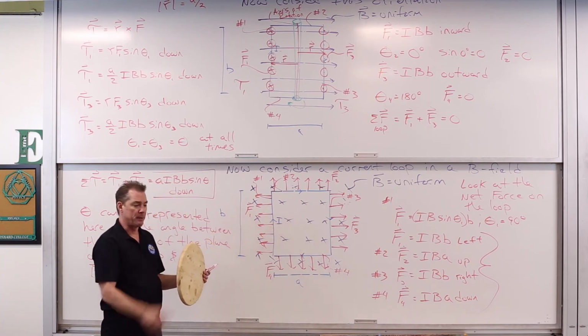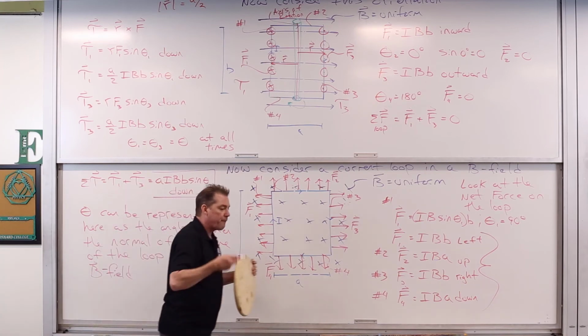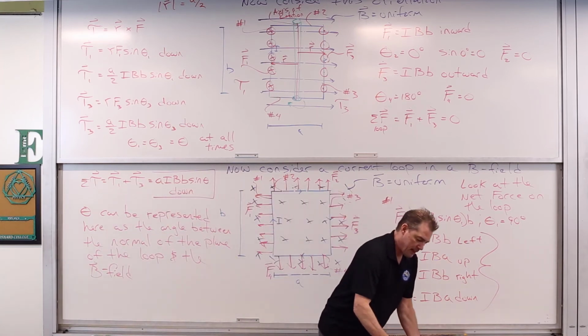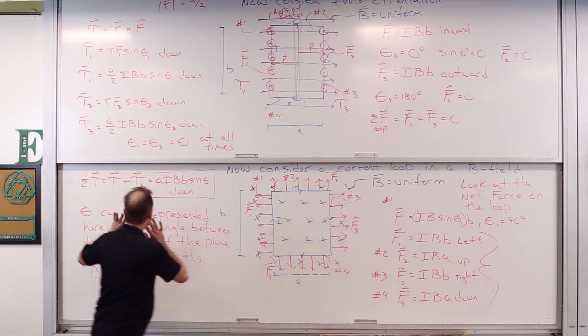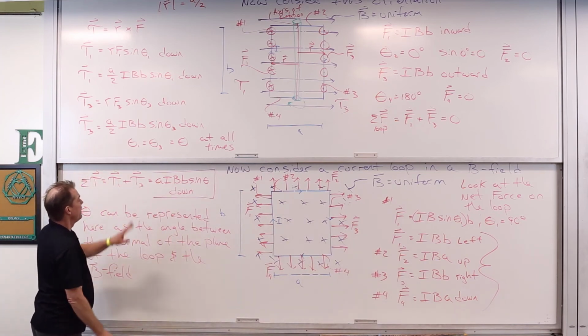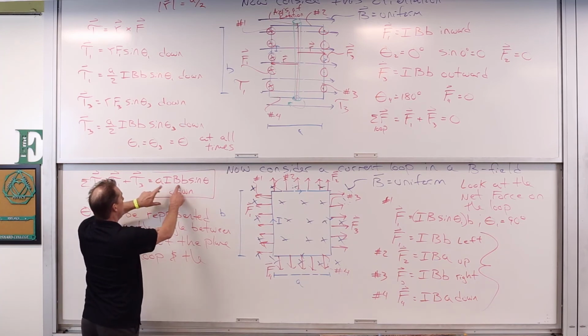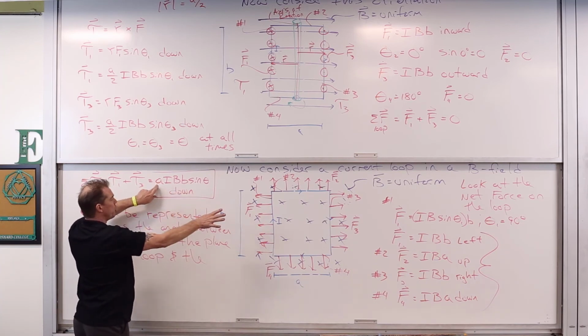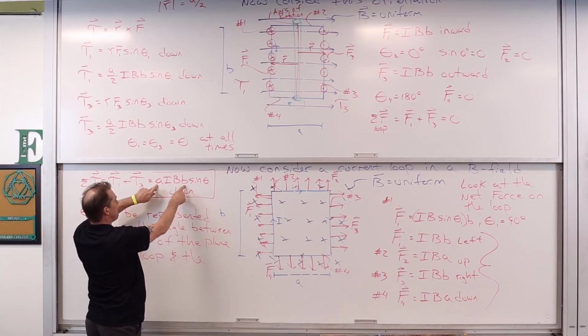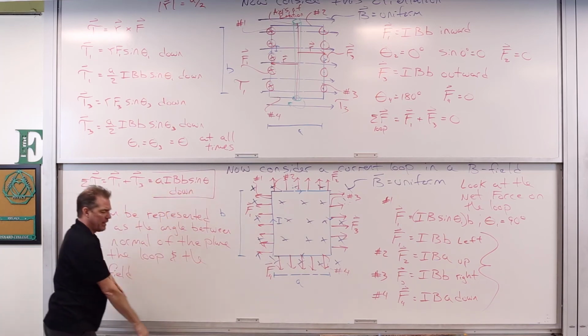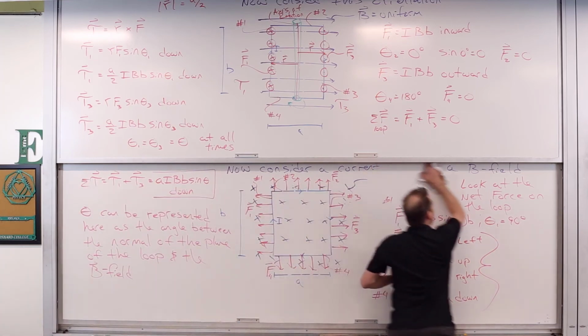Magnetic field is perpendicular to the plane of the loop, aligned with the normal of the plane of the loop. So, after all said and done, you can notice something about this. We got the current, we got the magnetic field, then we got the dimensions of this loop itself, A and B. Then we got the sine theta going on there that has to do with orientation.